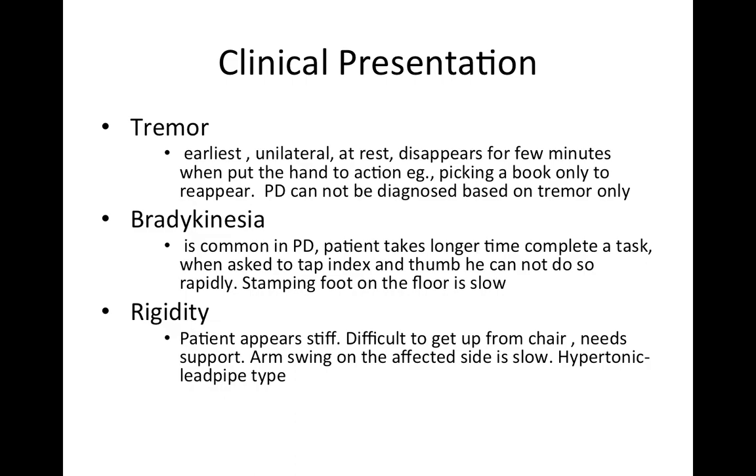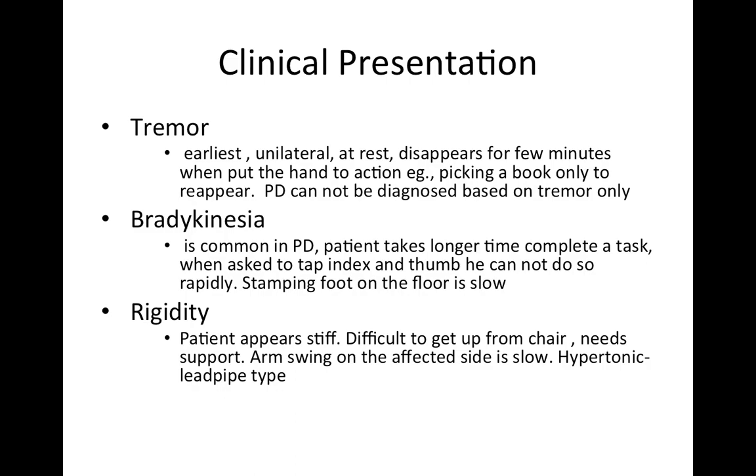So there should be other symptom complex like bradykinesia. Bradykinesia is the second symptom, and it is common in Parkinson disease. Patient says he takes longer time to complete a task. He's very slow in completing a task that is given to him.